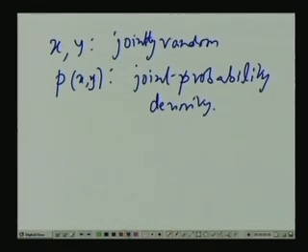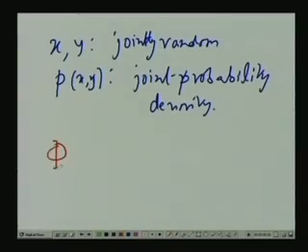Then we have already seen what is a characteristic function in the case of a single random variable. So, here we will be simply extending that to the case of two variables. The characteristic function earlier was a function of only one frequency omega.